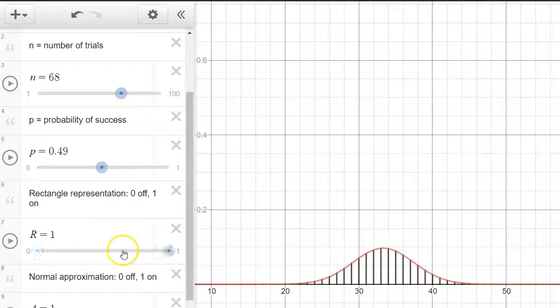So moving this slider here puts the rectangles on. If this value here, which would be 32, I've still got the line there, but now it's at the center of a rectangle. So this rectangle will go from 31.5 to 32.5. Those are the values that would round to 32 if I allow values that aren't whole numbers.